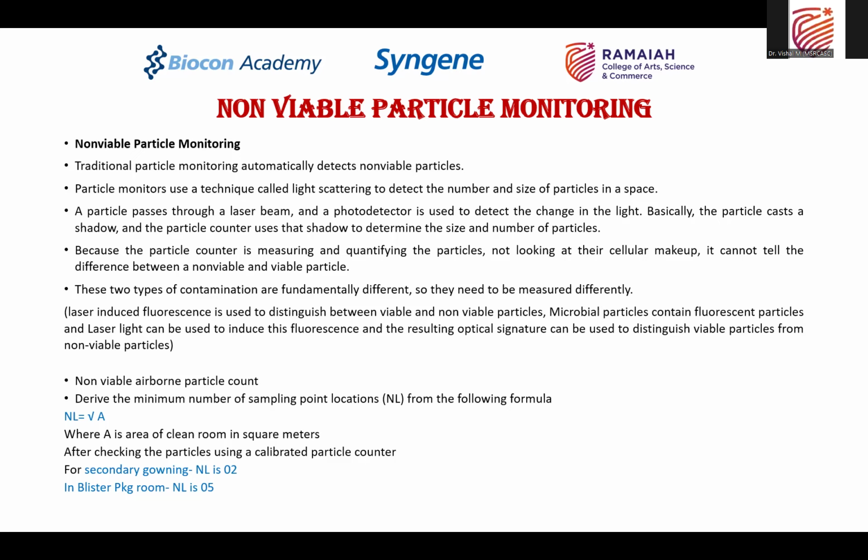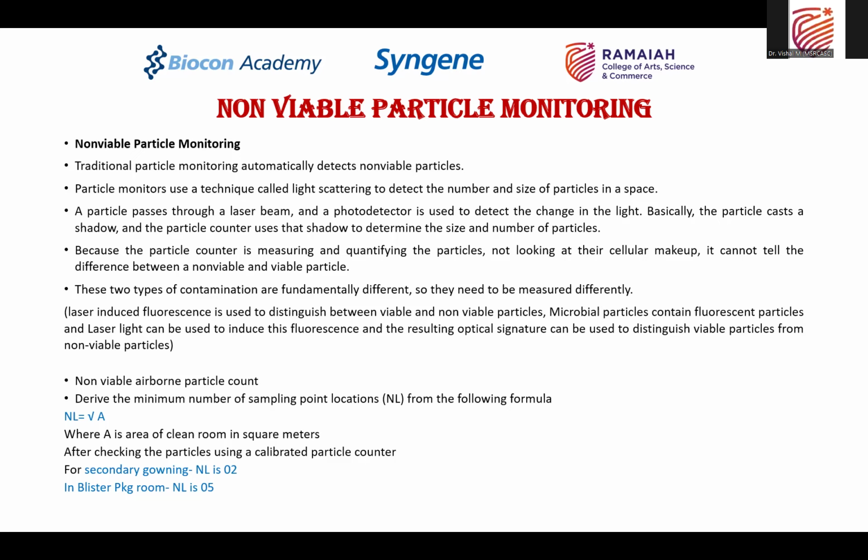Now, in an area, at how many sites will this non-viable particle counting happen? The number of sampling locations is calculated from the area of the clean room or of any particular industrial area.